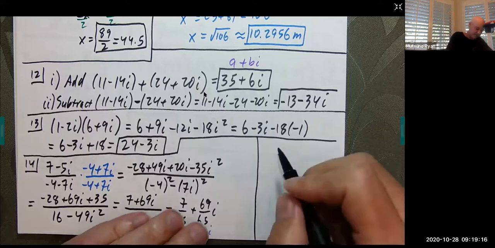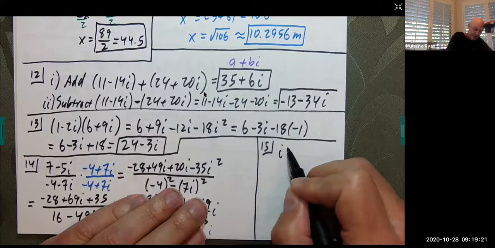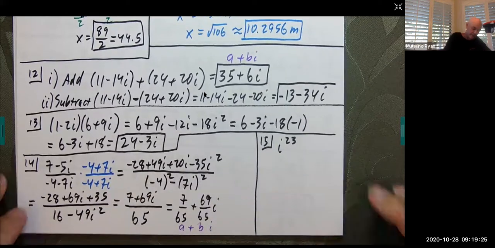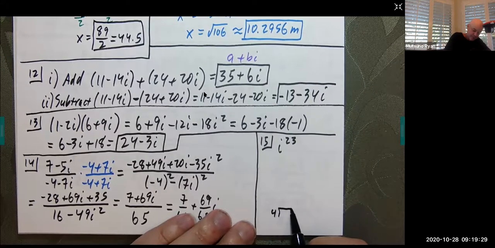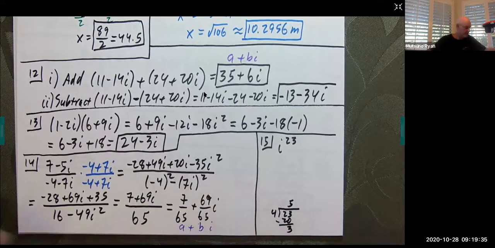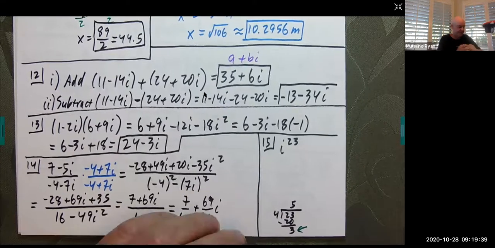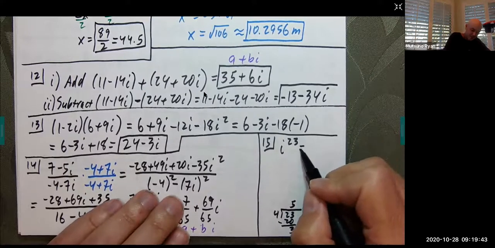All right, last problem. Here we have a power of i to the 23rd power. And I'm going to do 23 divided by 4. And the key here is the remainder, which means i to the 23rd is the same as i to the 3rd.